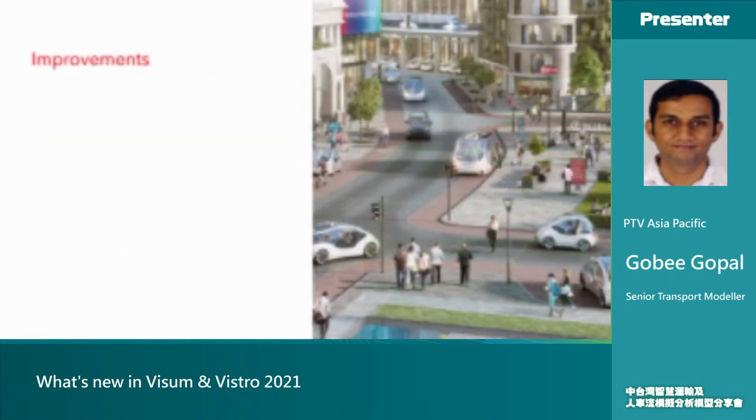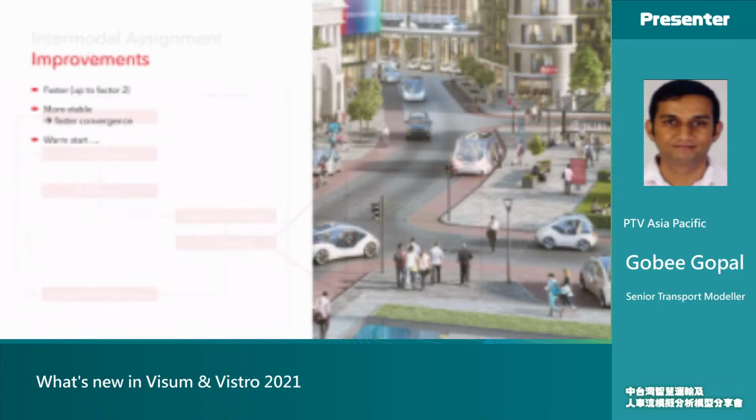Another improvement we have done in Visum 2021 is for the assignment: we have increased the assignment speed, faster up to factor 2, with more stable and faster convergence for the intermodal assignment.